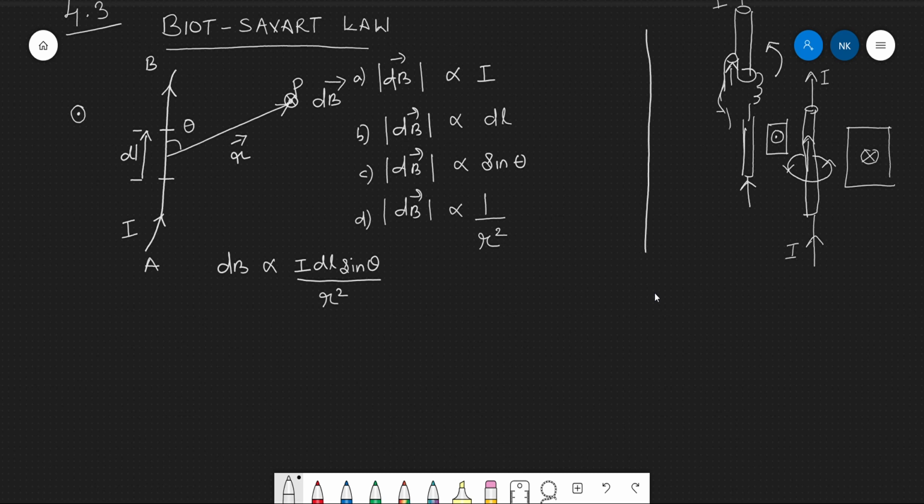The proportionality sign is removed by inserting a proportionality constant, mu naught by 4 pi, giving dB equal to mu naught by 4 pi times I dl sine theta by r square. The value of mu naught by 4 pi is 10 to the power minus 7.